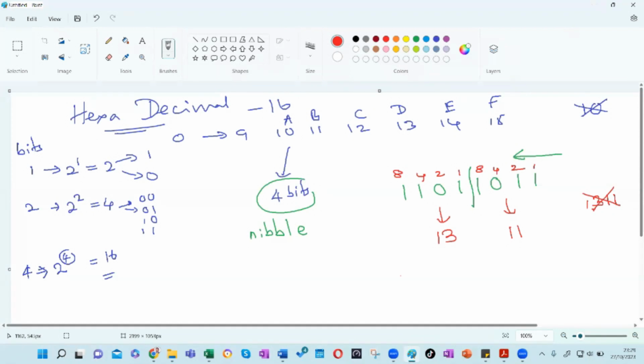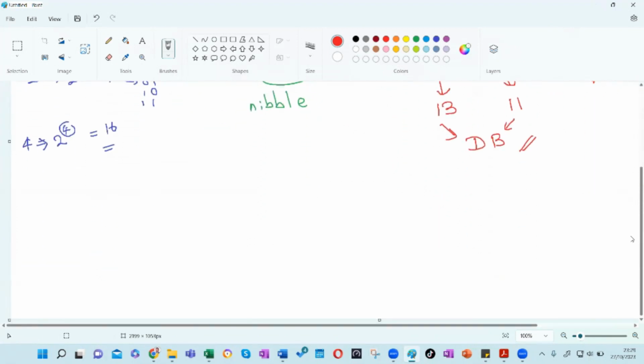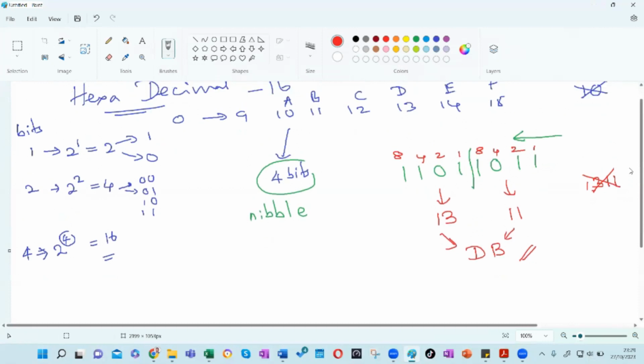So what we do is 13 is represented as D and 11 is represented as B. So the answer is DB. Got it? Easy, right? Any questions? Anyone found it confusing? Difficult? Right? That is binary to hexadecimal.